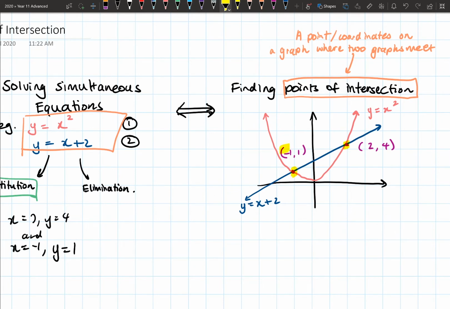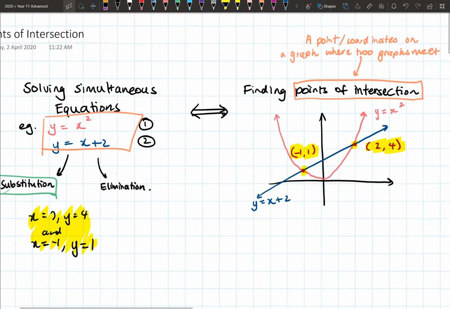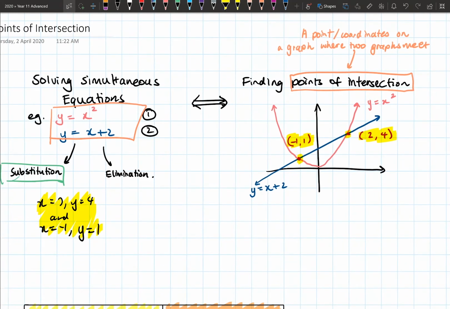These coordinates correspond to the solutions we got from solving our two simultaneous equations. So finding points of intersection is the same as solving our simultaneous equations.